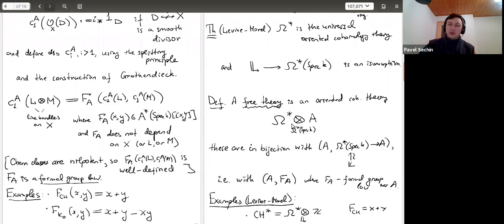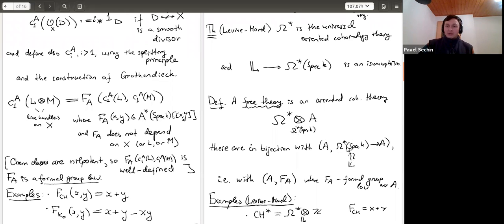How do you do that? So what's the change of coefficients? You have to choose a commutative ring A and a map from the ring of coefficients of algebraic cobordism to this ring A to change the coefficients.